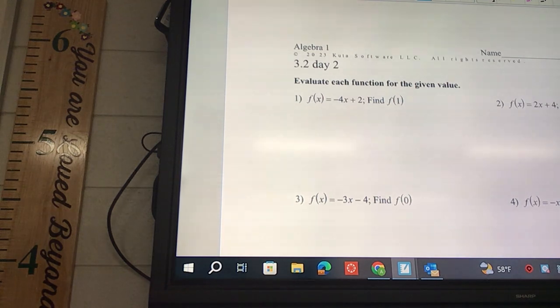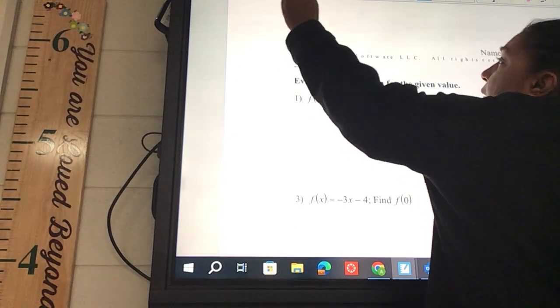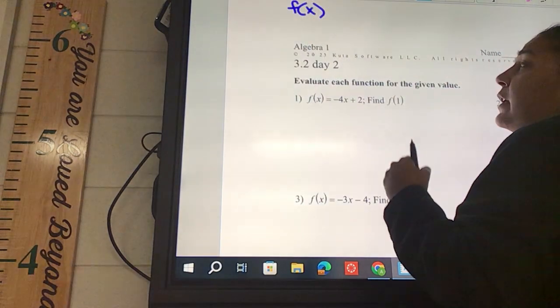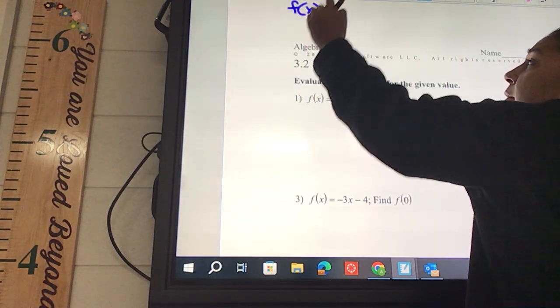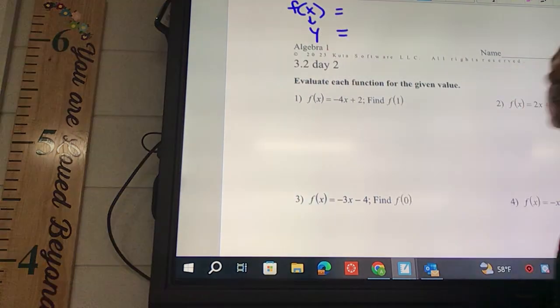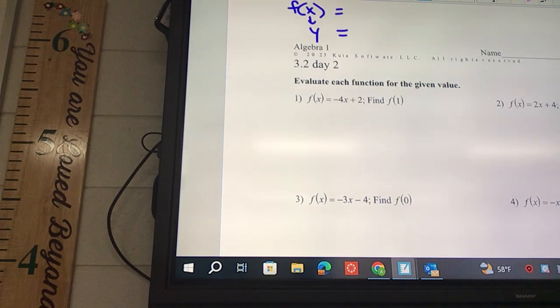The way that I always like to explain it is f of x is the same thing as saying y. So f of x equals is the same thing as y equals. There really is no difference there. So this is how we read this, and you need to look while I'm pointing.